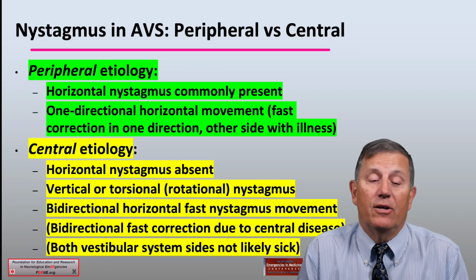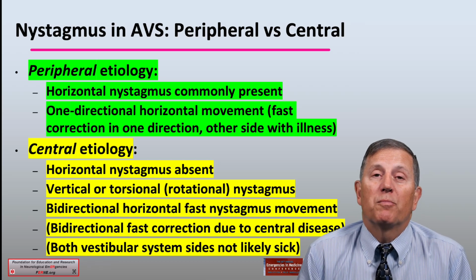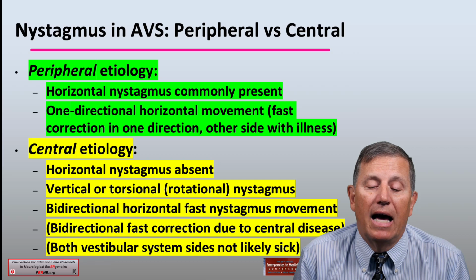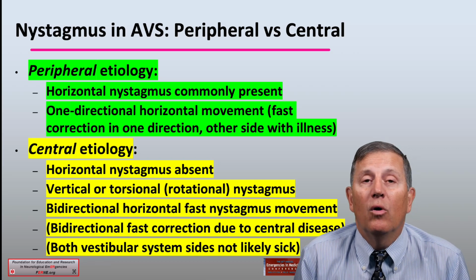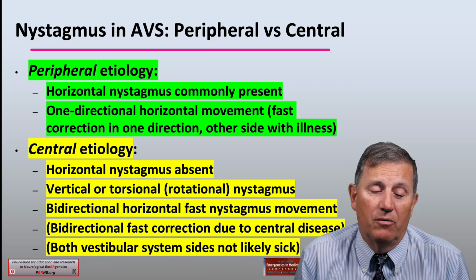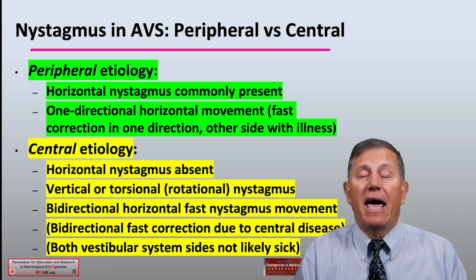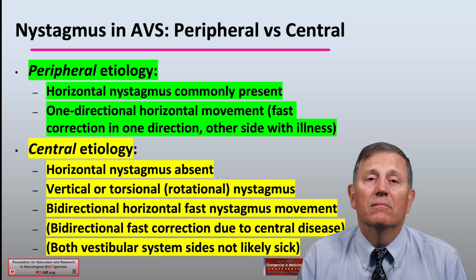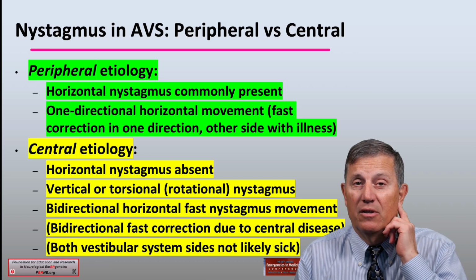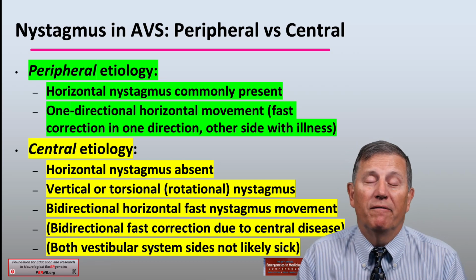So now let's consider nystagmus in acute vestibular syndrome and whether it's peripheral versus central. In green, peripheral etiology, we know that with a peripheral etiology to acute vestibular syndrome, patients will commonly have horizontal nystagmus, and that's okay. That's expected if one of the vestibular systems does not keep the eyes aligned with head movement, for example.